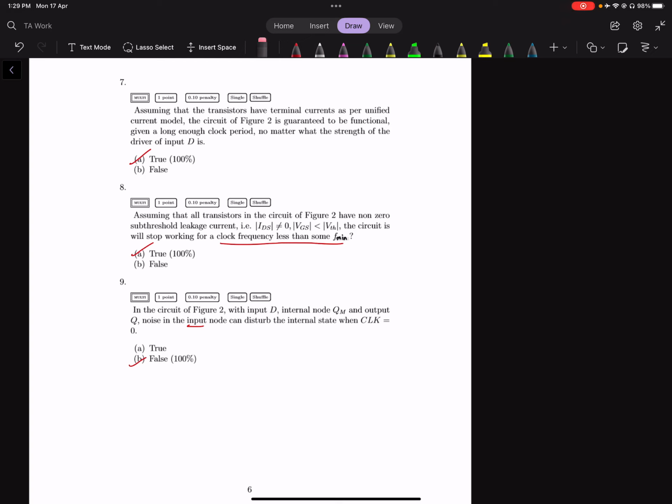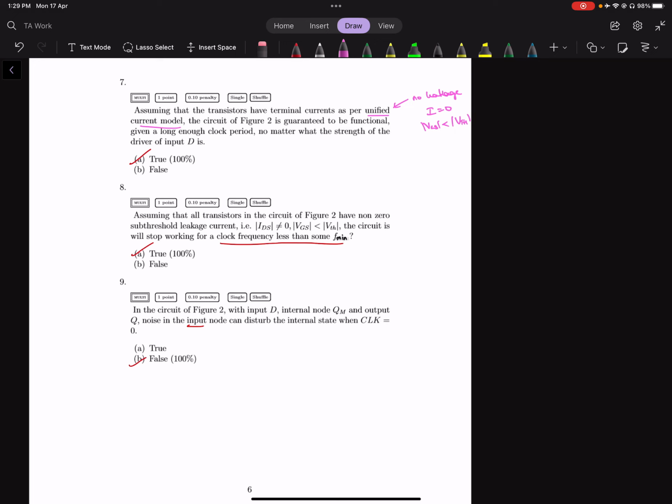Now in question 7, assuming that the transistors have terminal currents as per the unified current model, the key takeaway is that there is no leakage. That is, I is equal to 0 when VGS is less than VTH. So given a long enough clock period, the circuit is guaranteed to be functional.